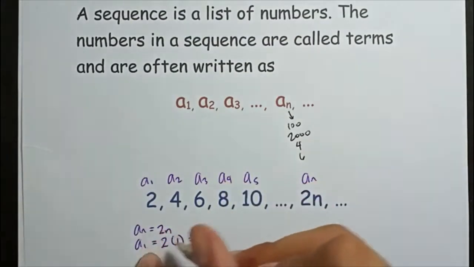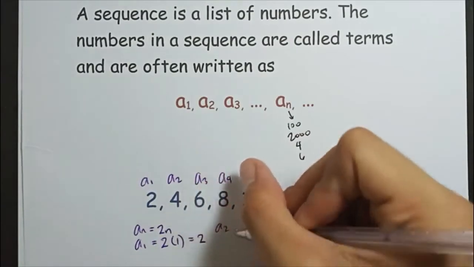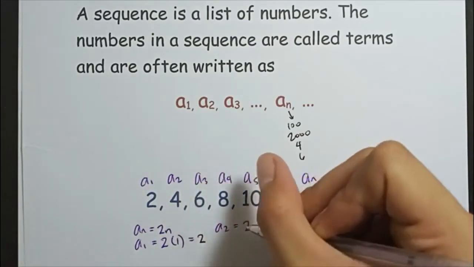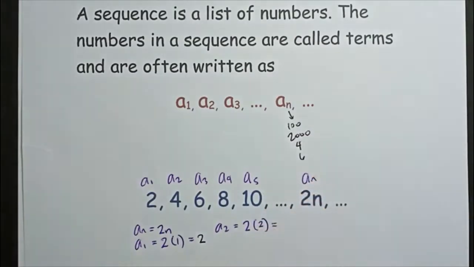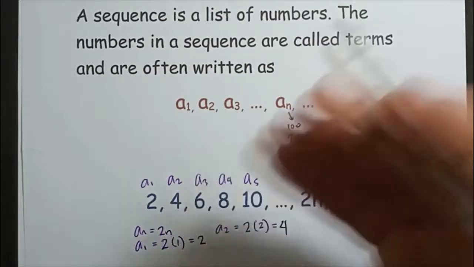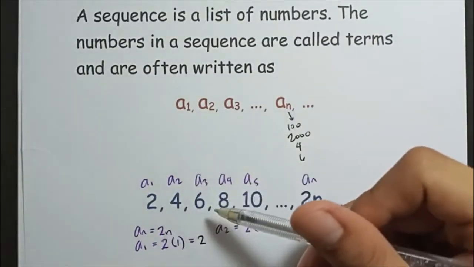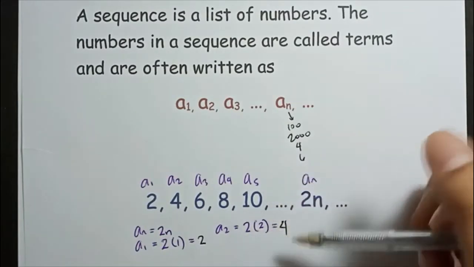First term natin, a sub 1 is 2. Then kapag a sub 2 na, syempre yung n natin magiging 2. So, a sub 2 is 4. Tama. So, kayo na magtuloy. Subukan nyo kapag a sub 3 kung 6 ba lalabas. A sub 4, 8 ba? A sub 5, 10 ba?